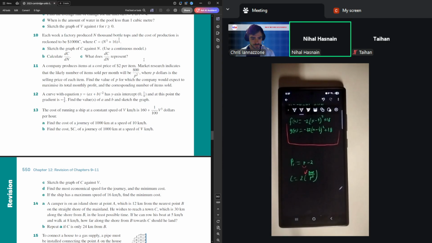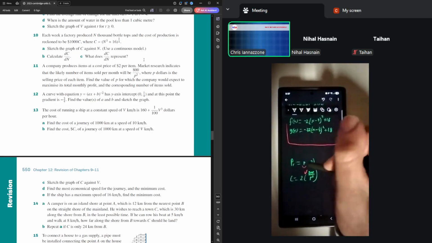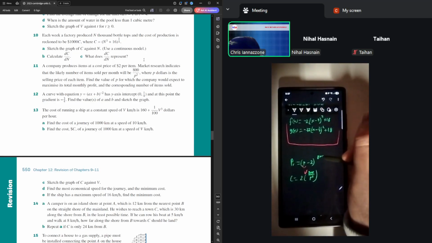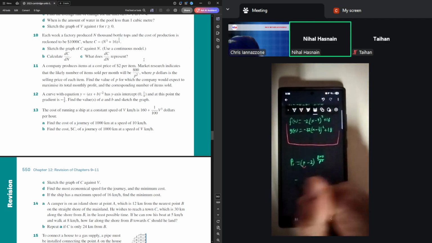So selling price of each item. So per month, we have to multiply it by 800 over P squared. Exactly. So it ended up being the case that both of those needed that multiplier, not just the cost one. Yeah, 800 over P squared.